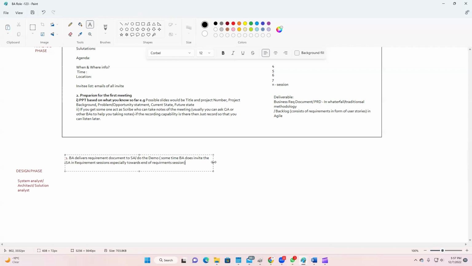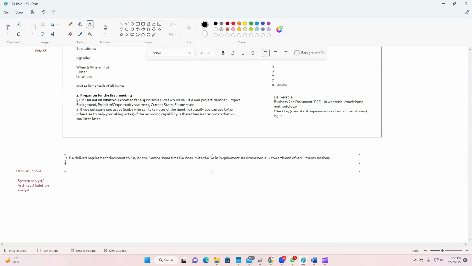Then this part might be skipped because they already know the requirements, so they might not need the BA to schedule a meeting and have a demo.